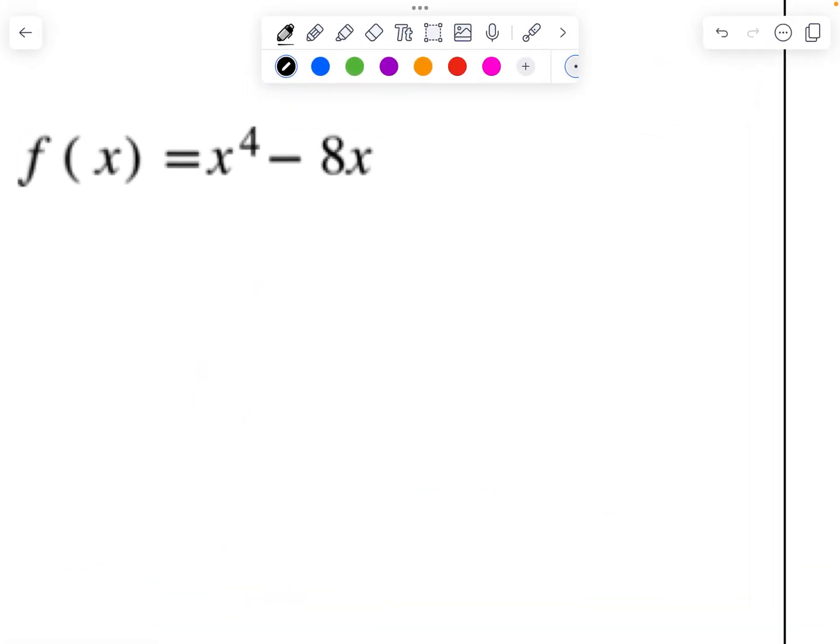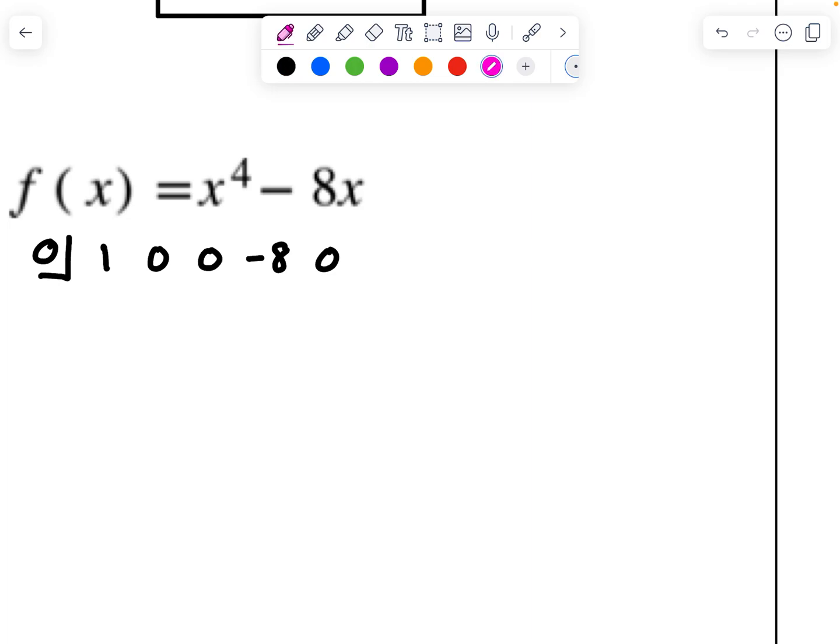So I'm going to go 0, 1, 0, 0, negative 8, 0. You're like, what? Fair enough. This is x to the power of 4 plus 0x to the power of 3 plus 0x to the power of 2 minus 8x, technically to the power of 1, plus 0.